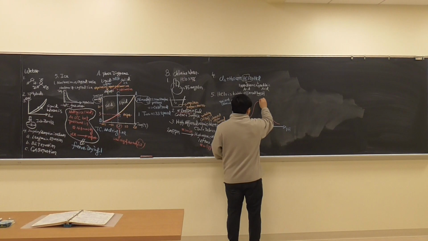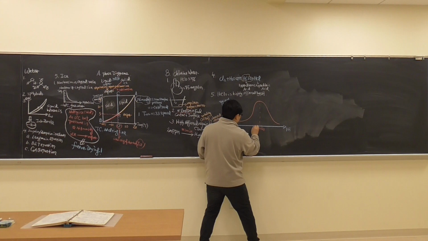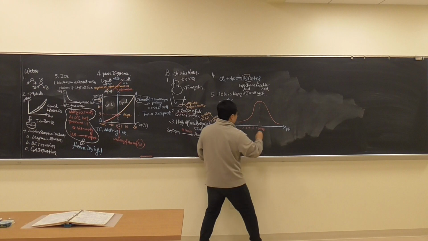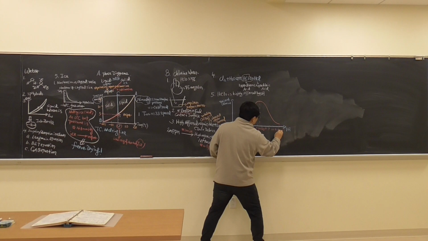Right in the middle is pH around 6.8. So we have pH 6 here, pH 7 right here. Then we have 5, 4, 3, 2, 1, 0 right here. Then this goes 8, this goes 9, this goes 10, 11, and 12.